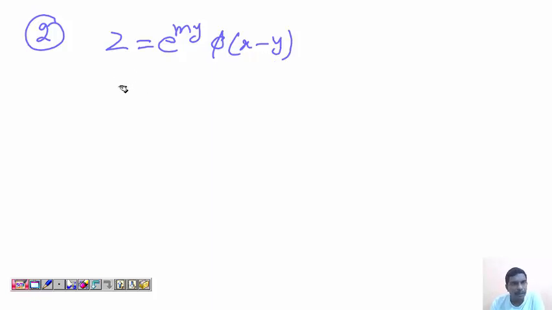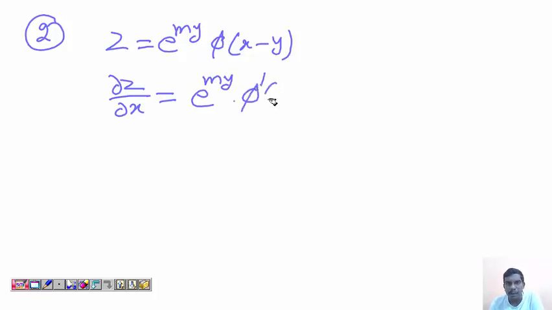For that also, you just differentiate dou z by dou x. When you are differentiating with respect to x, y is a constant, m is also constant. You can keep it as it is, e to the power of my. The differentiation of phi is phi dash of x minus y into 1.